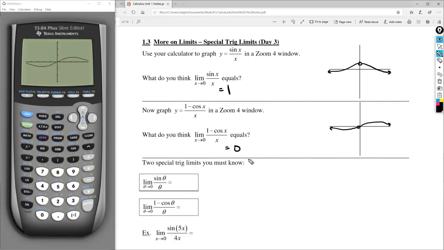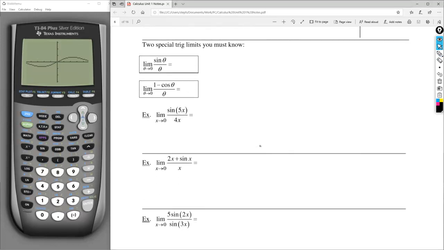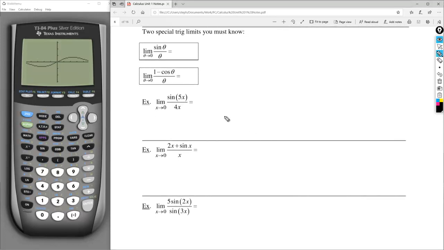And so that ends up being the case, right? So if I were to write an answer, I know that the limit as theta approaches 0 of sine of theta over theta is going to be 1, and the limit as theta approaches 0 of 1 minus cosine of theta over theta is 0. Now that being said, this one comes up often, right?